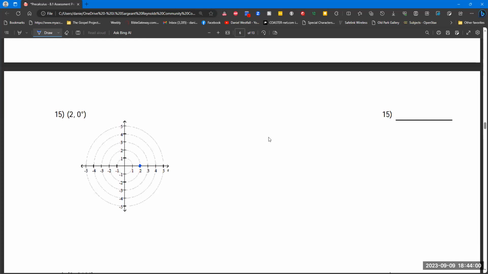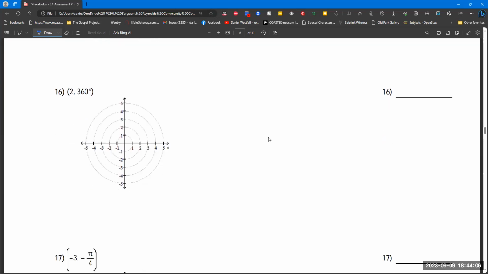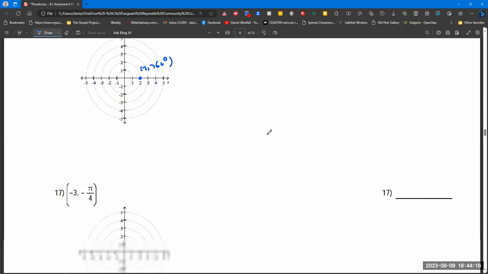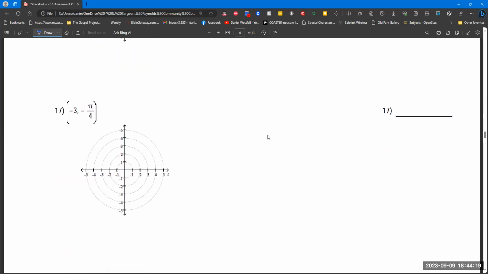R is 2, 0 degrees for theta. Same thing if theta is 360 degrees. Negative pi over 4, negative 3.